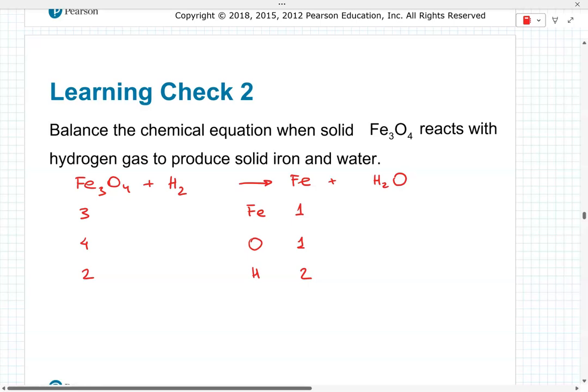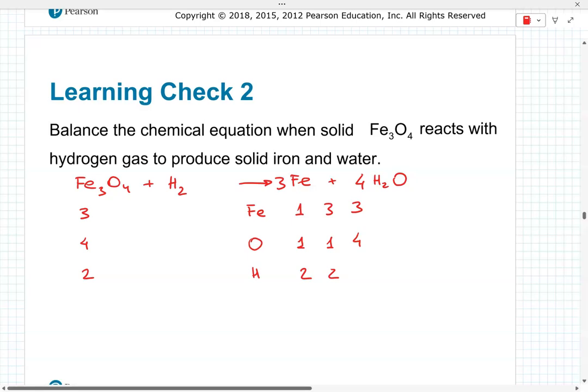Agreed? What do we need to do? There needs to be a 3 put in front of the Fe. So now we have 3, 1, 2. What about oxygen? Can we balance oxygen? Yes, we're going to put 4 in front of H2O. Hold on. 3, 4.